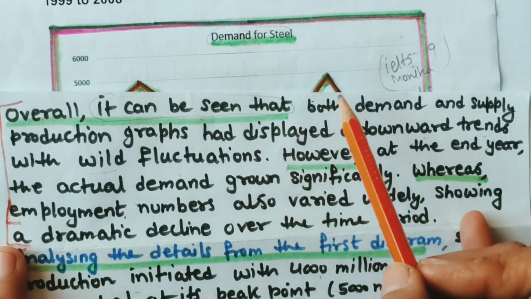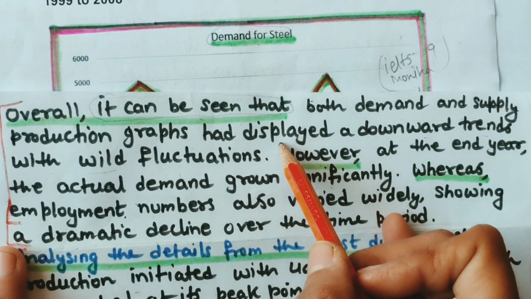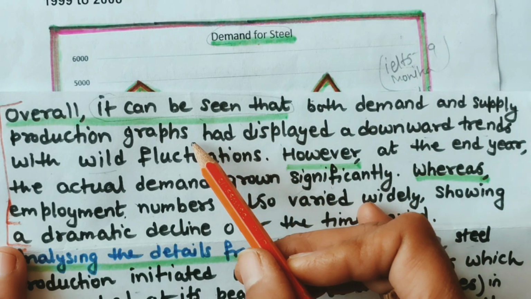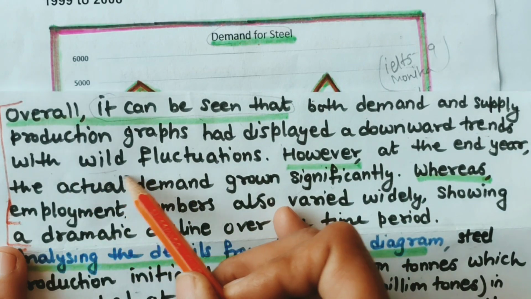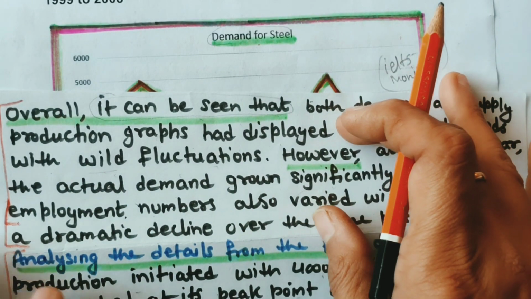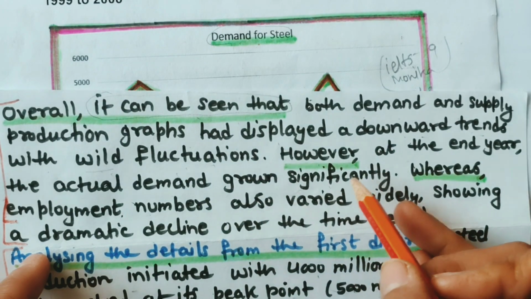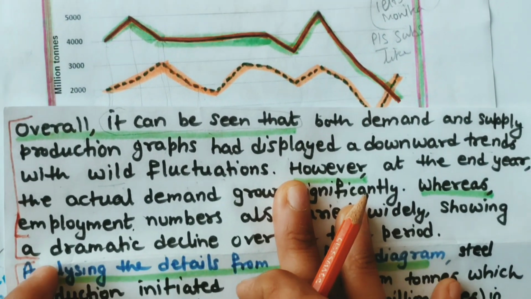Overall it can be seen that both demand and supply production graphs had displayed downward trends with wild fluctuations. Okay, wild fluctuations, I have added an adjective in front of the word fluctuations. However, at the end of the year, see this, I'm going to talk about this.